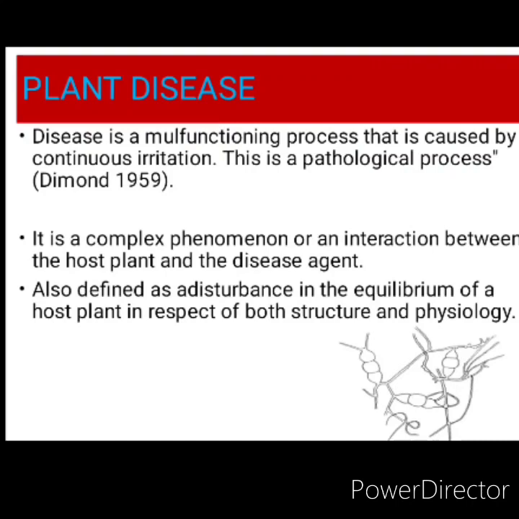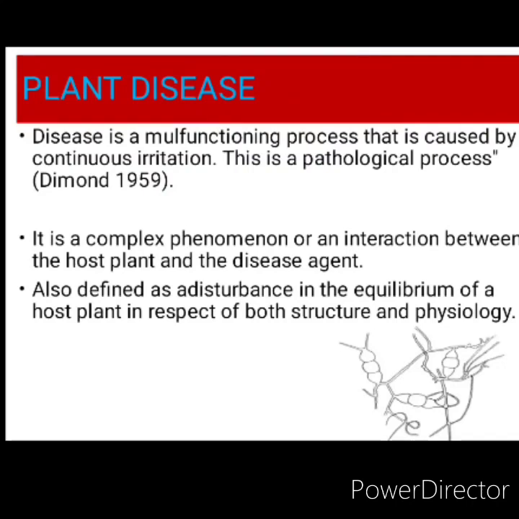Now we move to plant disease. First of all, what is disease? According to Diamond 1959, disease is a malfunctioning process that is caused by continuous irritation. Of course, this process must result in some suffering, and hence disease is a pathological process.